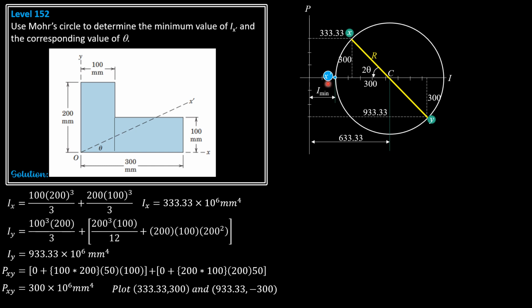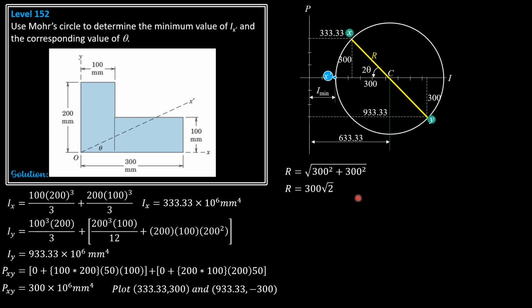That's also the x prime axis. So r is equal to square root of 300 square plus 300 square. So therefore r is 300 times square root of 2. Of course, that's times 10 to the 6. Don't forget that. Then I minimum can now be computed. It is equal to the coordinate at the center, which is 633.33. Going to the left to this point, that's the radius.